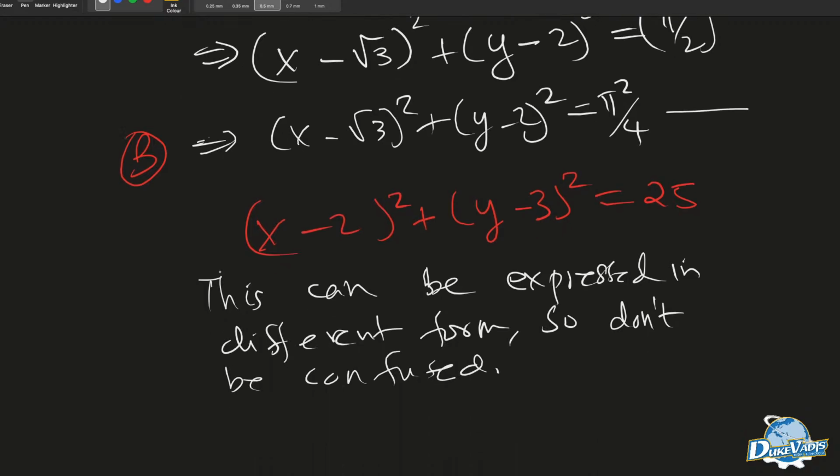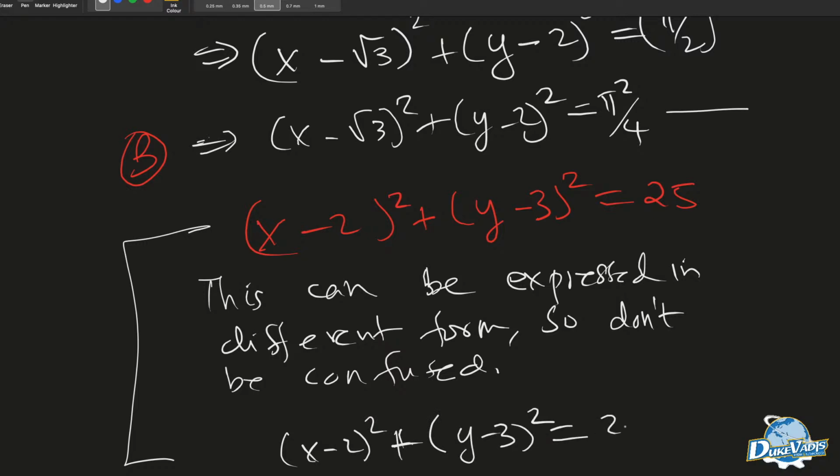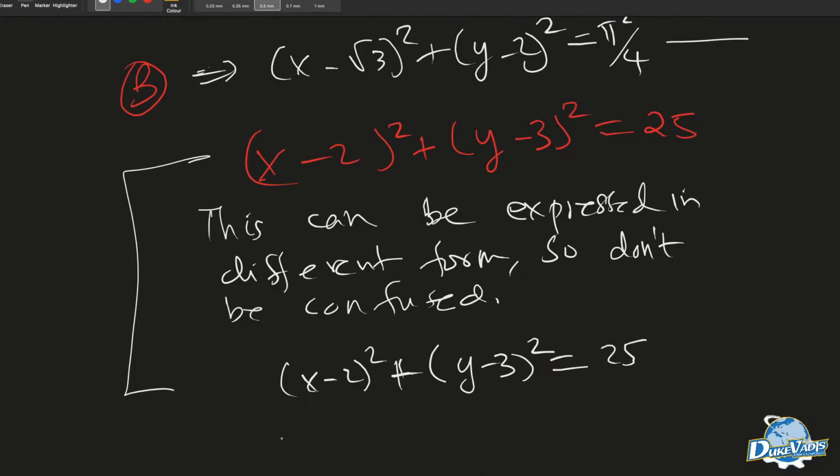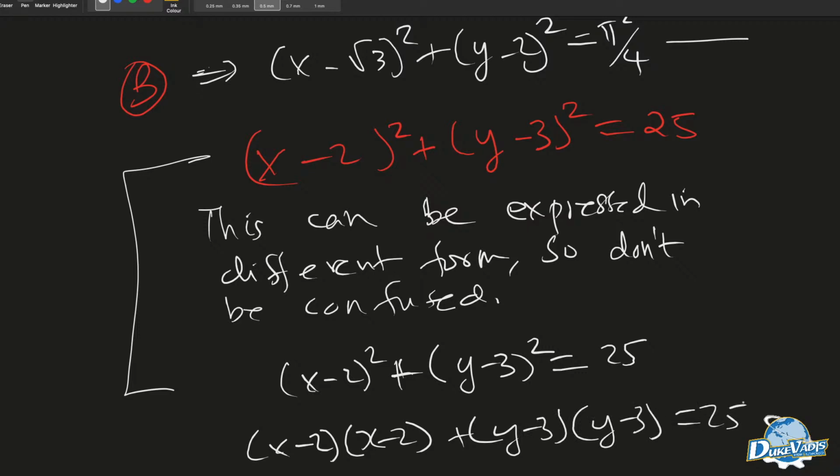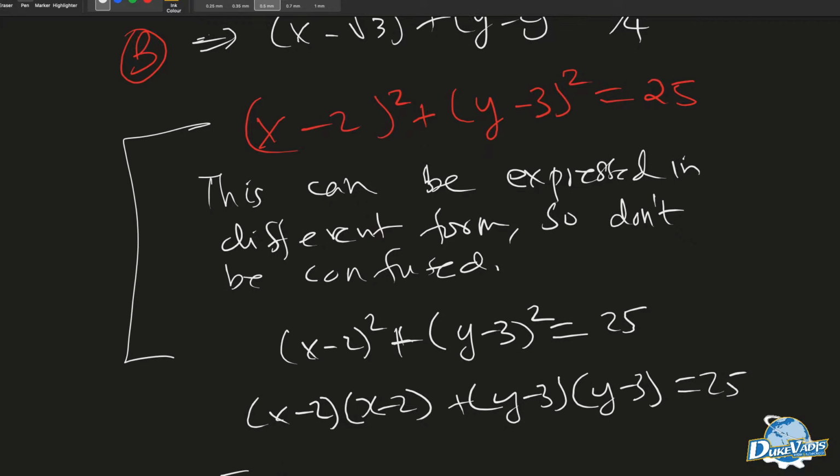So all we do is bring this equation down here and expand it. So x minus 2 squared plus y minus 3 squared is equal to 25. When we expand this elementarily, this will be x minus 2 times x minus 2 plus y minus 3 times y minus 3 is equal to 25. And further expansion, we say that x squared minus 4x plus 4, and this is y squared minus 6y plus 9, is equal to 25.